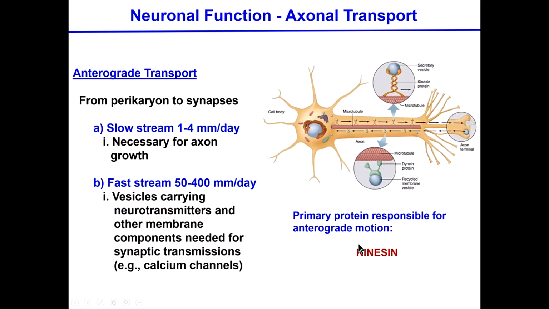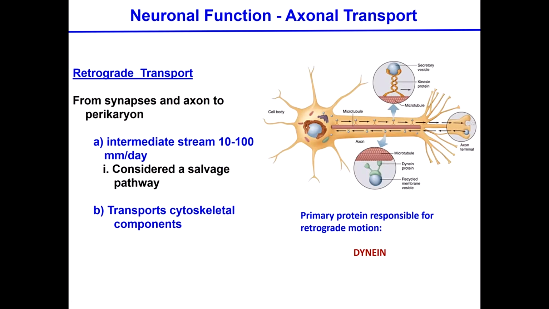And again, the protein that's involved in the anterograde is kinesin, and the protein that is involved in the retrograde is called dynein. And the retrograde typically goes in between in terms of speed.